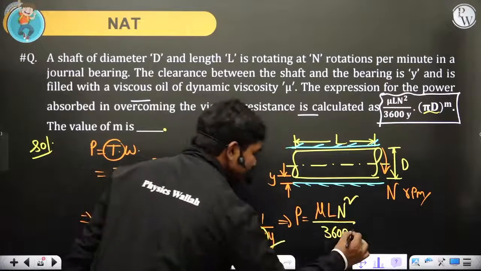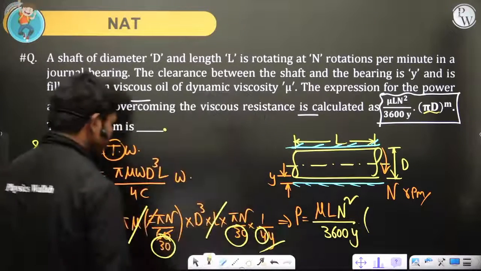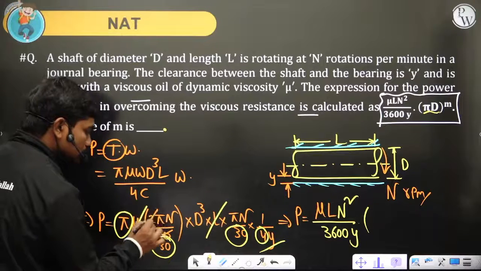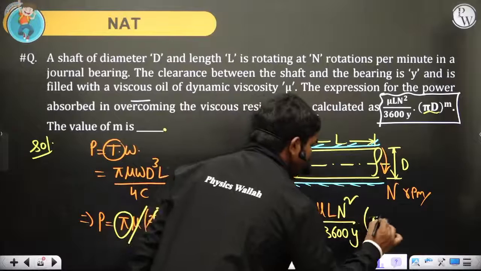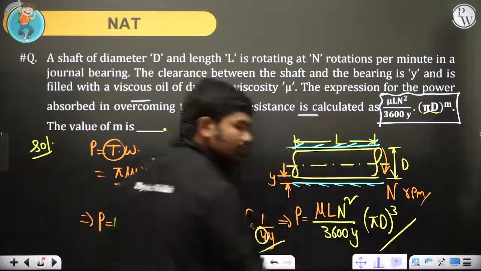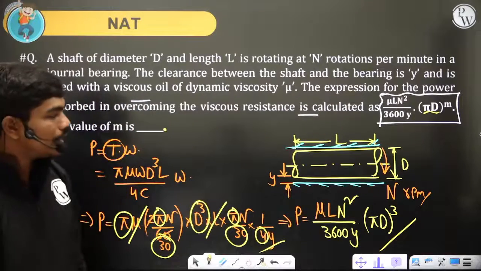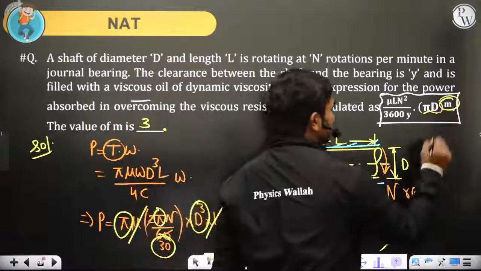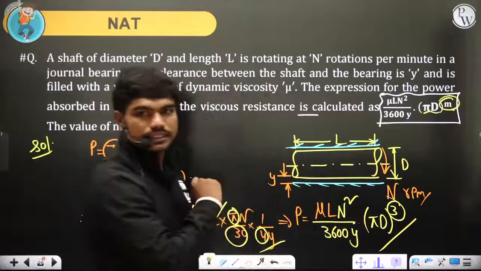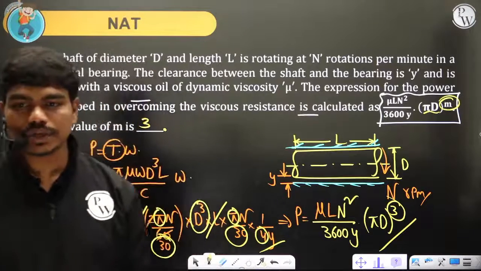This y is also here, so you take y here, into, now pi is 1, 2, 3 times, d cube is also 3 times, so pi d whole cube is what you have. So this m value is 3, because this is m, and m and this 3 are the same actually. So m is equal to 3.